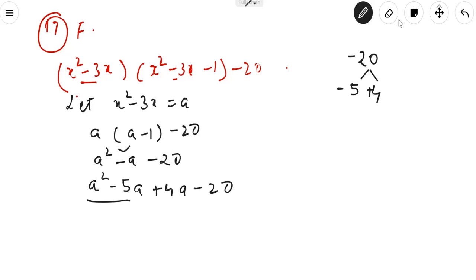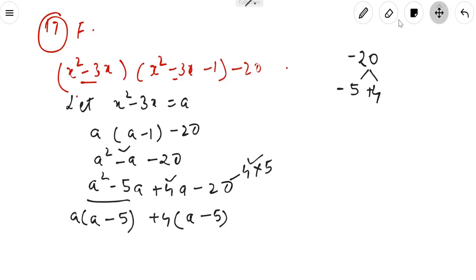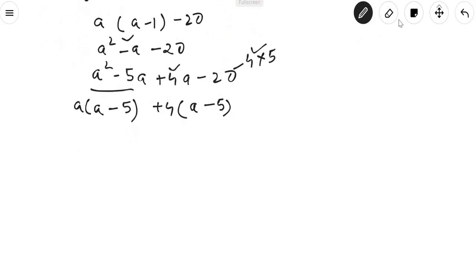If I take a common here, this becomes a minus 5 plus 4 outside. So how do I write this? 4 into 5, so this 4 and this 4 I can take outside. If I take 4 outside, a minus 5. So what are the two common values here? Two common values here, a minus 5. This one and this one is common.